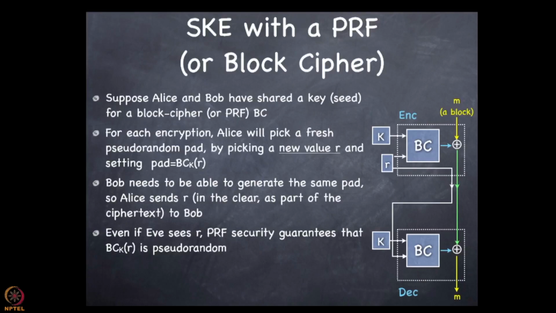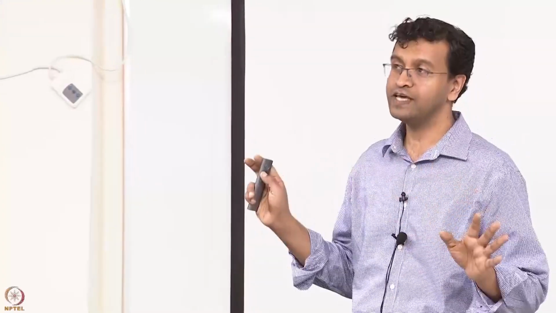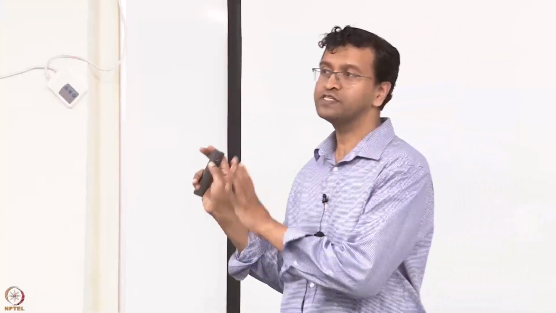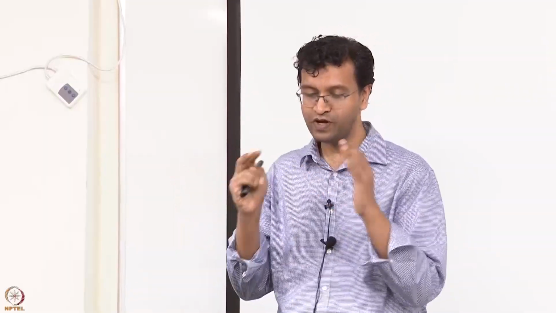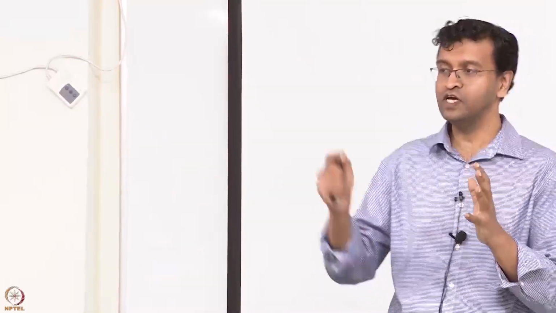Okay, hold on and we will see more things about this R. For now, all that matters is that this R is not used for anything else in this block cipher. If you are holding the key of the block cipher, you pick this R, use it for this encryption, you will never feed this R into this block cipher again to answer something or use it for another encryption.